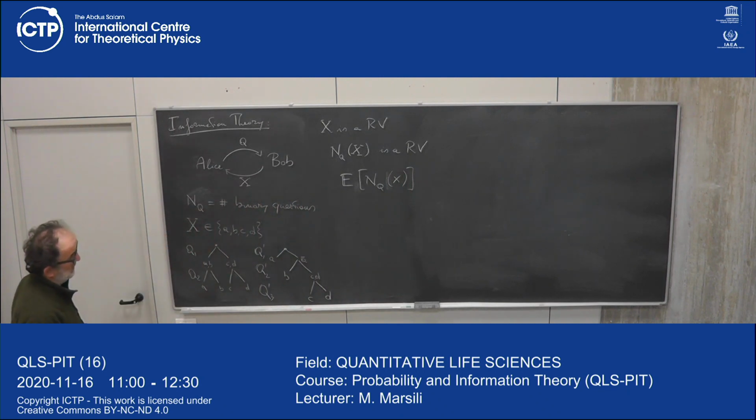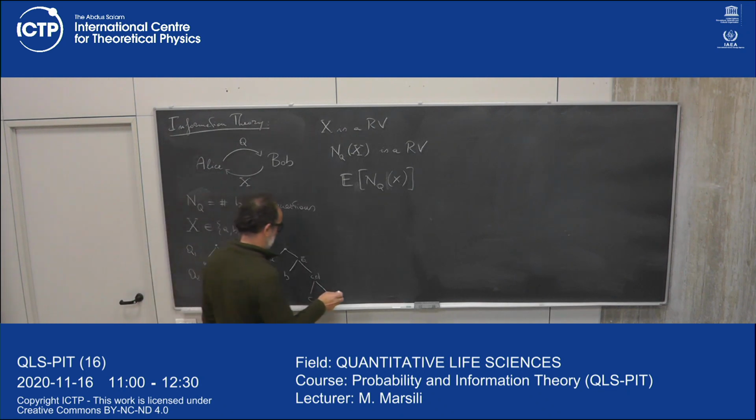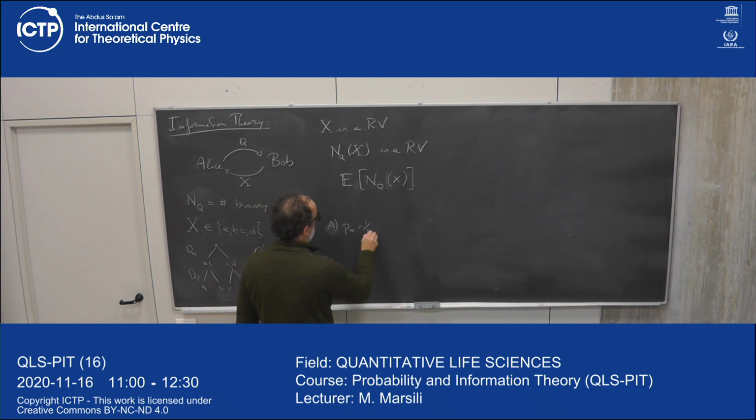Now let us take two examples. Imagine that in case A, the probability of x is equal to 1/4 for all x.